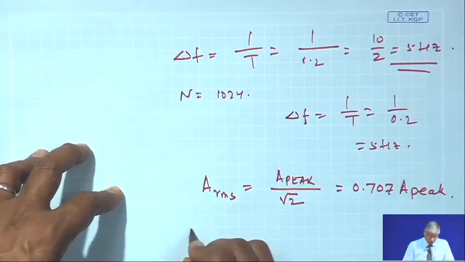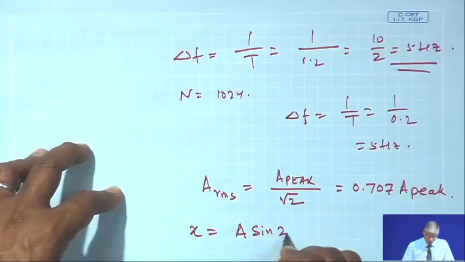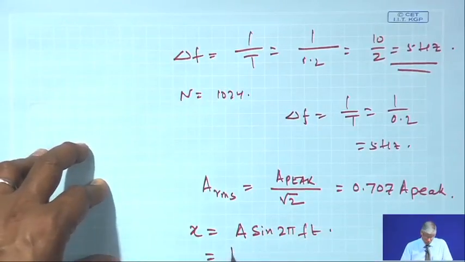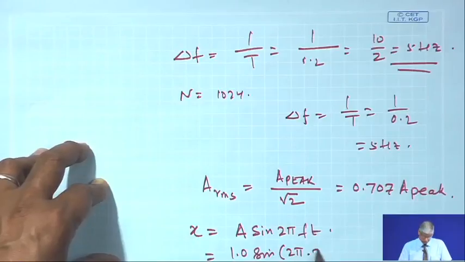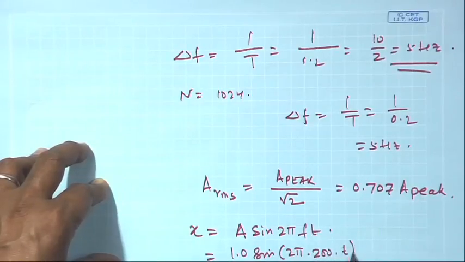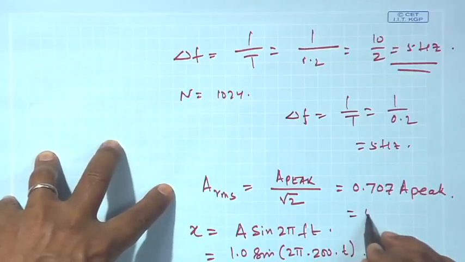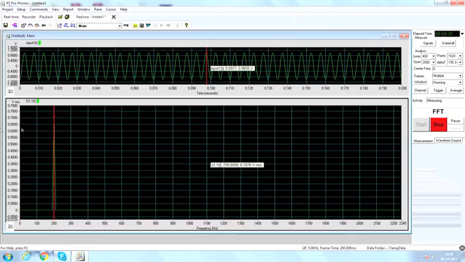I have generated a sine wave x equal to A sine 2 pi f t, where A is actually 1 volt, f is 200 hertz, and so A RMS would be 0.707 volts, which is what I am seeing at 200 hertz in the bottom curve here. Right.